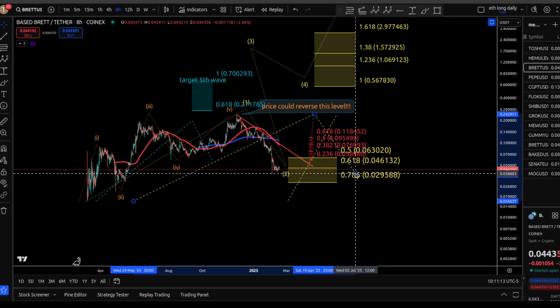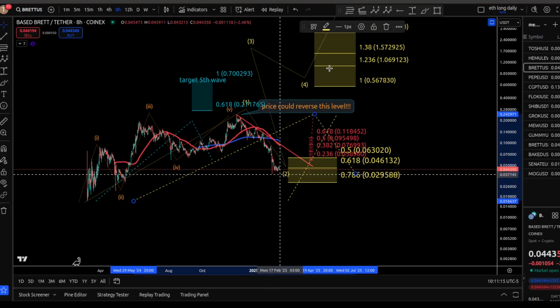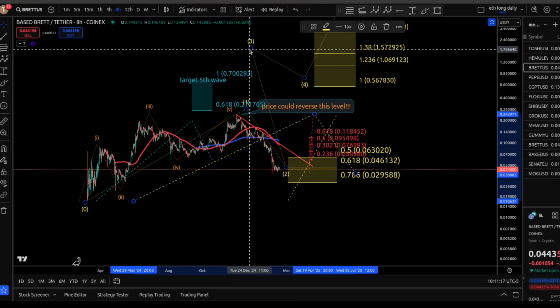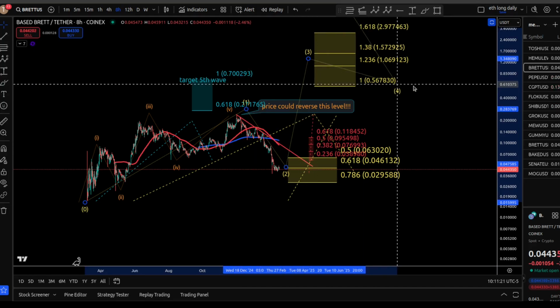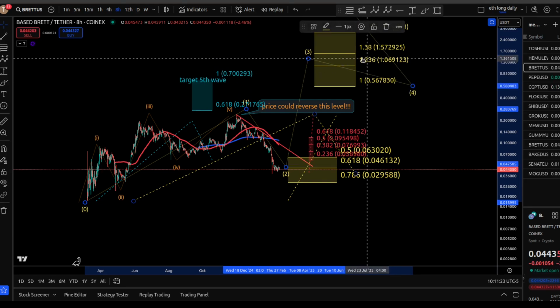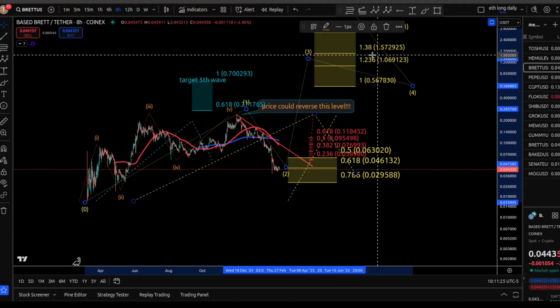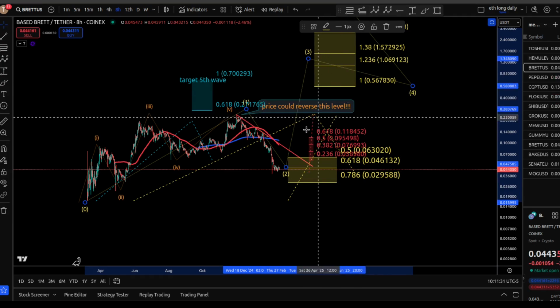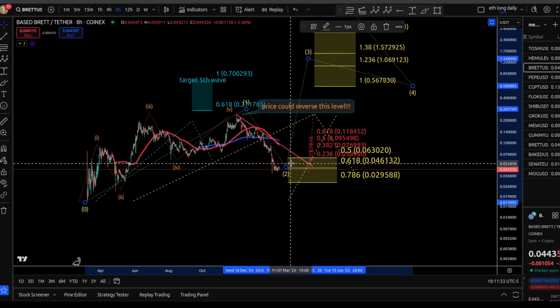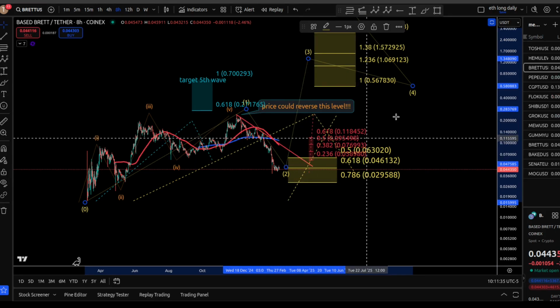So you can see now, because the wave 2 went lower, everything shifts lower, and that's normal. The level that I'm looking at now is pretty much ideally $1.57. I know that's crazy, right? That's 4 cents. So let's see how it goes. Once again, this is a very speculative meme coin. Pepe.